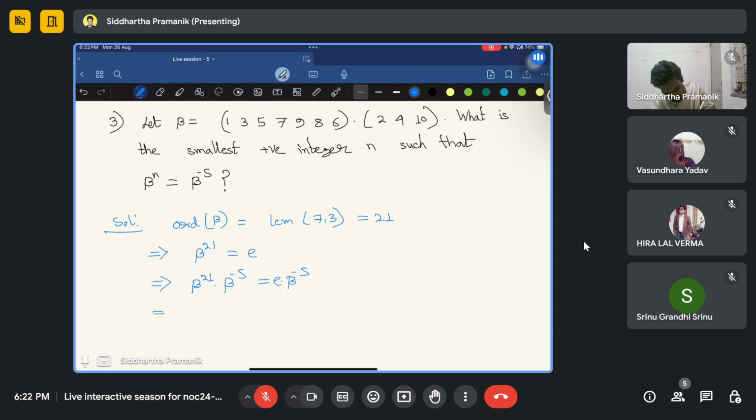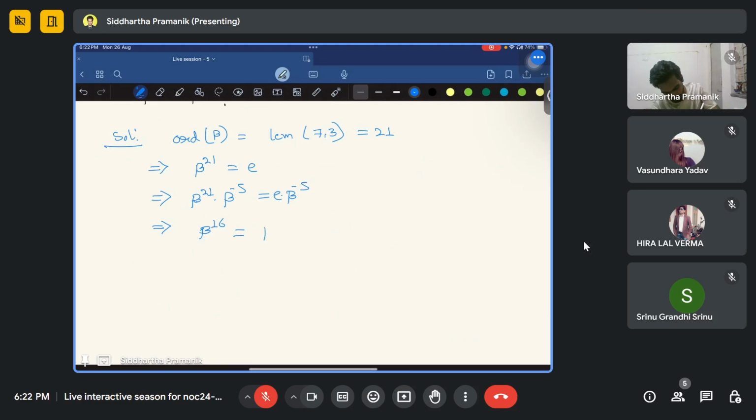So this implies beta power 16 equals beta power minus 5.